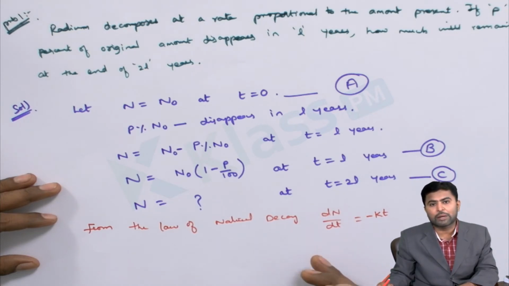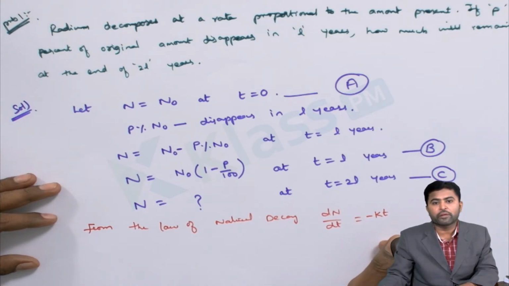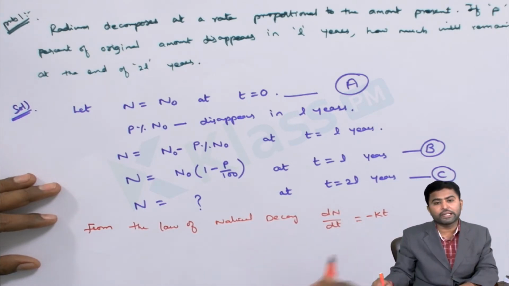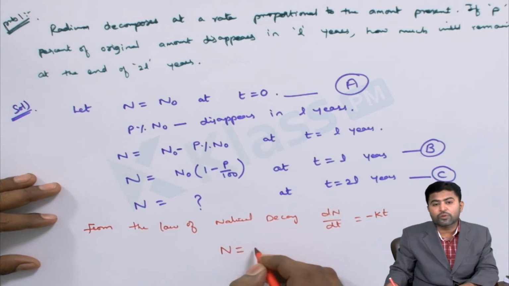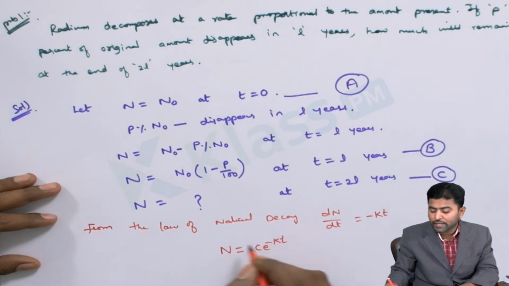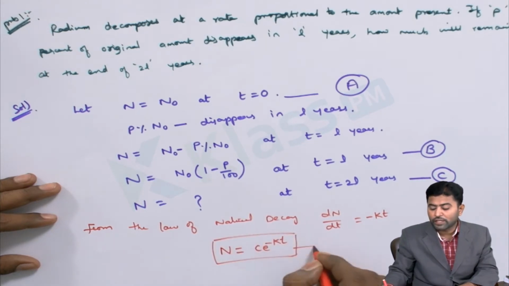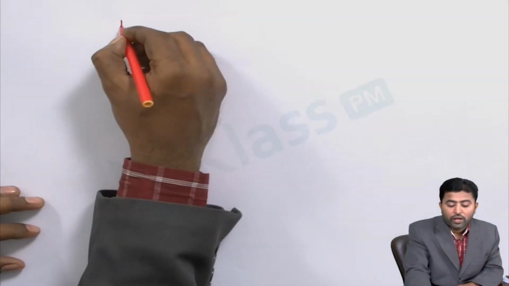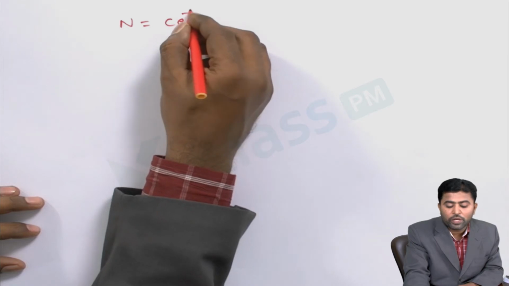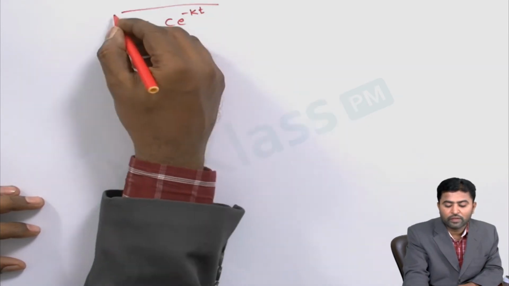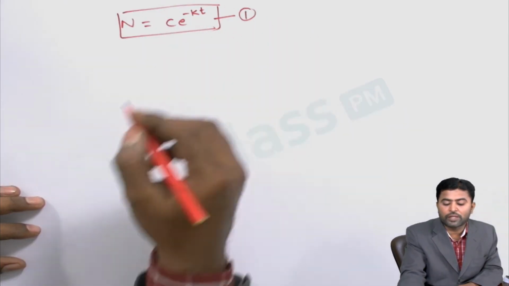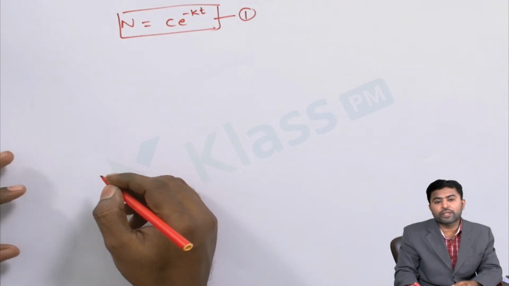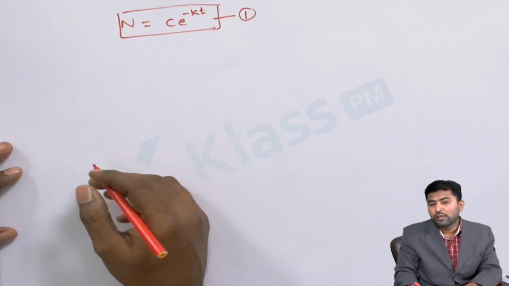So for showing that the amount decreases, I should put a minus sign there. On integrating this, I'll get n is equal to c into e power minus kt. I'll treat this as equation 1. Now we'll start using the given data.